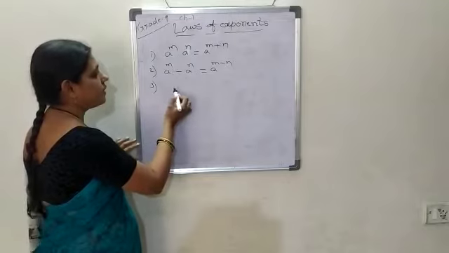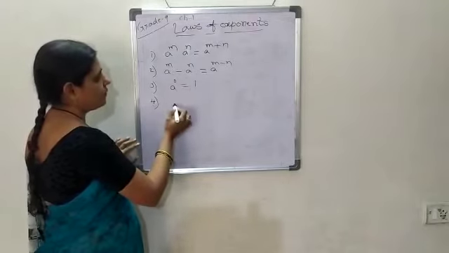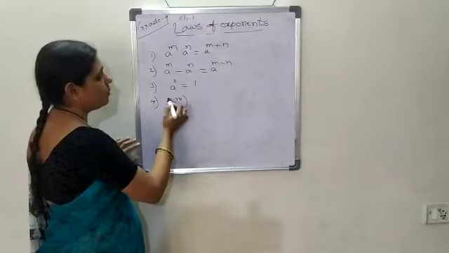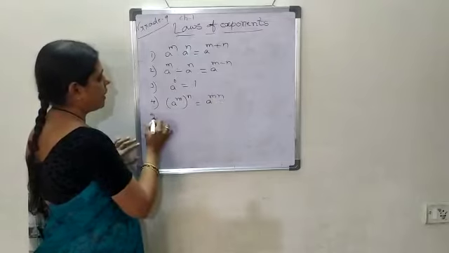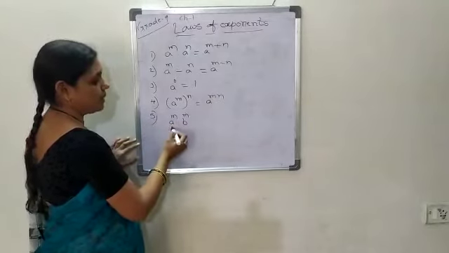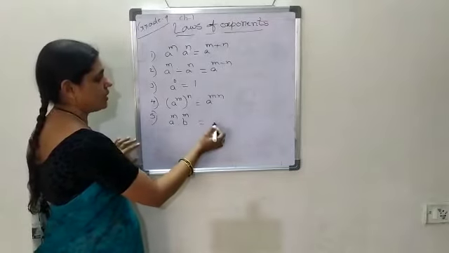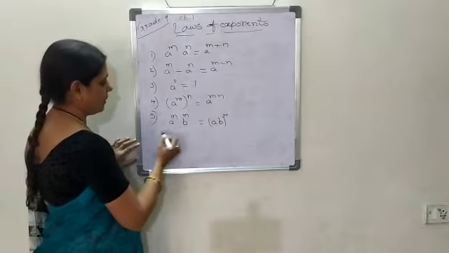And then the third one, a power 0 equal to 1, and the next one, a power m whole power n equal to a power mn. And coming to the next one, a power m into b power m. Here the bases are different and the exponent is the same. Then we can multiply the bases: ab whole power m.